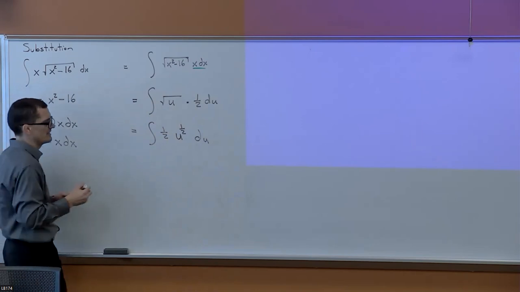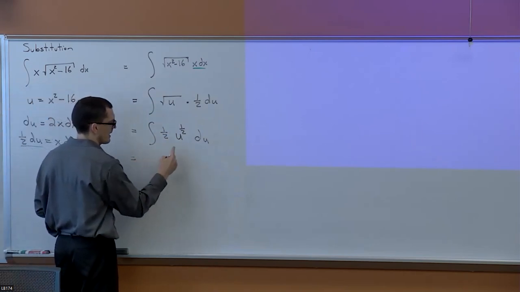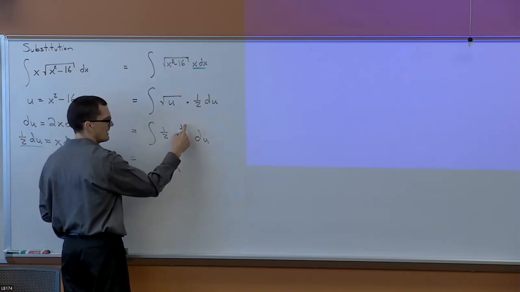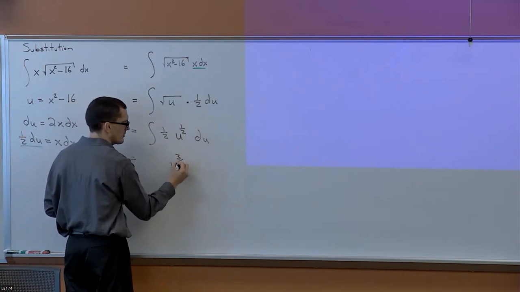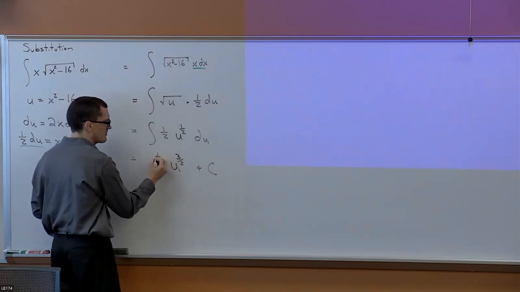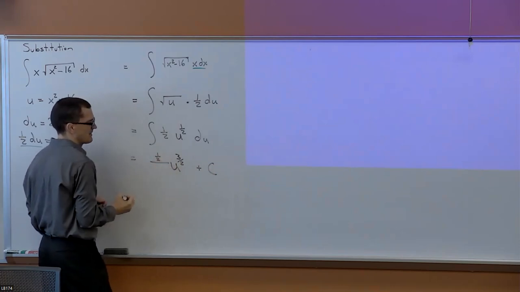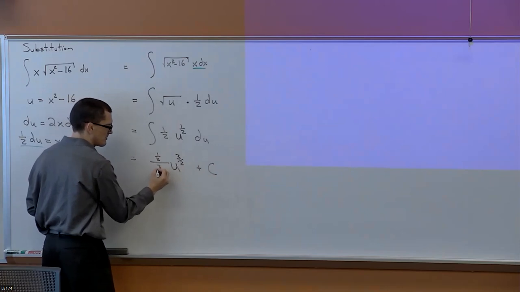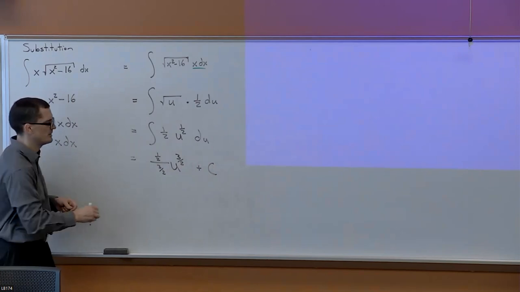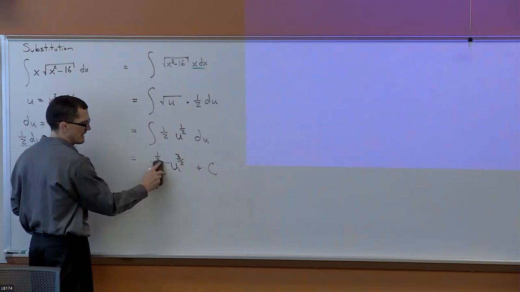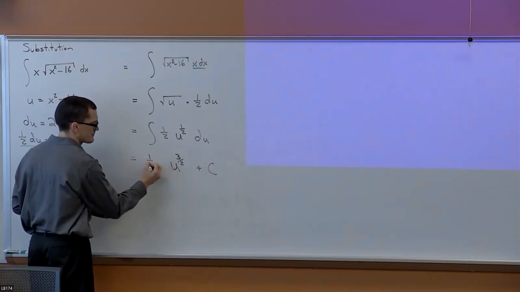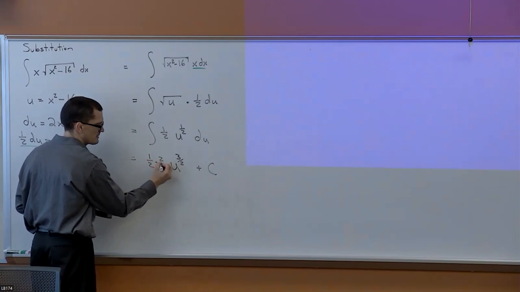So remember, when I take the antiderivative, I raise the power by 1. 1/2 plus 1 is 3/2. And then I'm gonna take this coefficient and divide it by my new exponent. Sometimes people would rather say, instead of dividing by 3/2, multiply by the reciprocal.